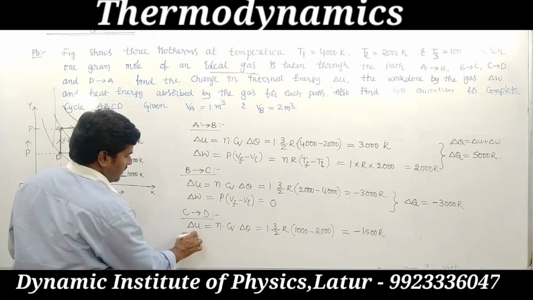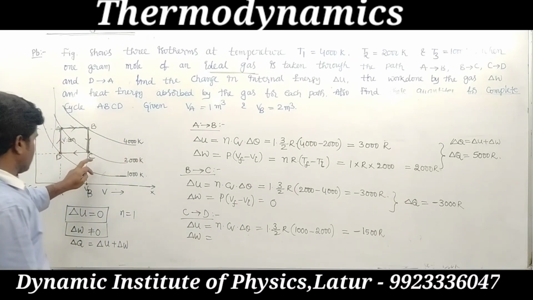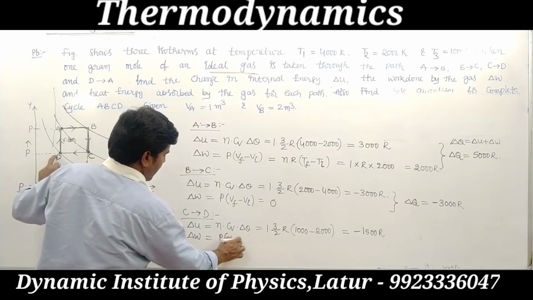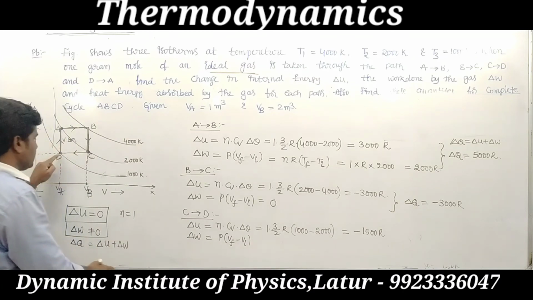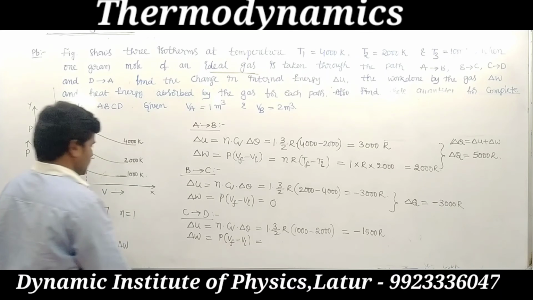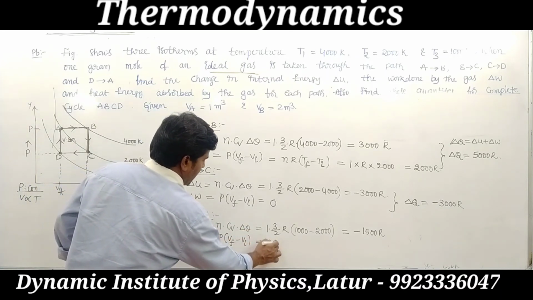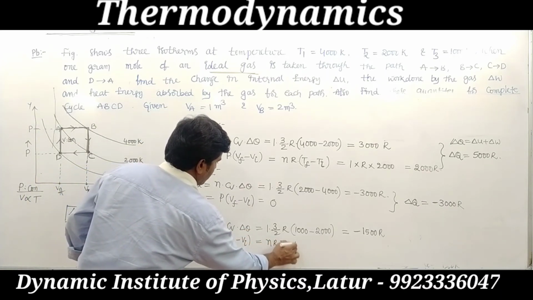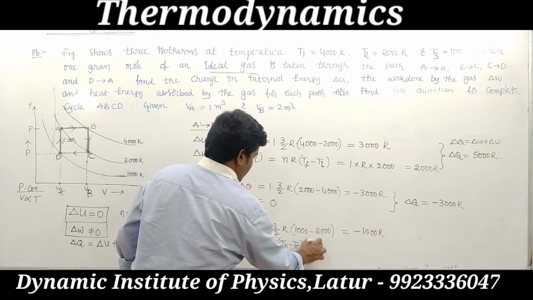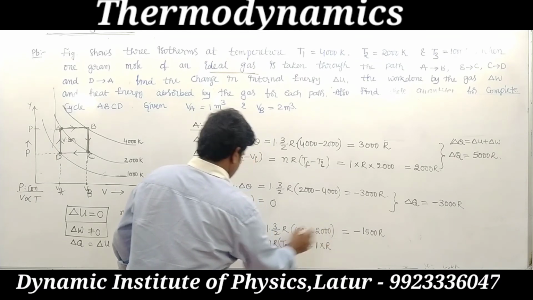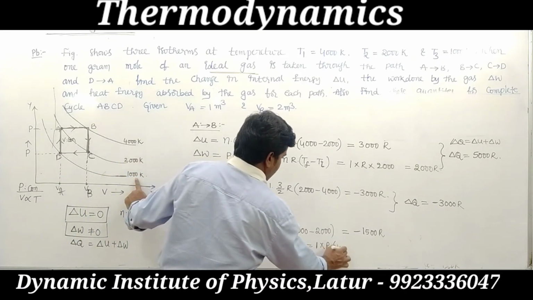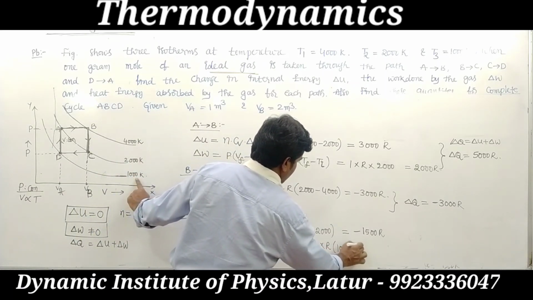Again here the work done for the C to D process is written as P into V final minus V initial. V final is D position and V initial is C position. It is written as nR into the temperature of D position minus the temperature of C position, that is 1 into R into 1000 minus 2000.